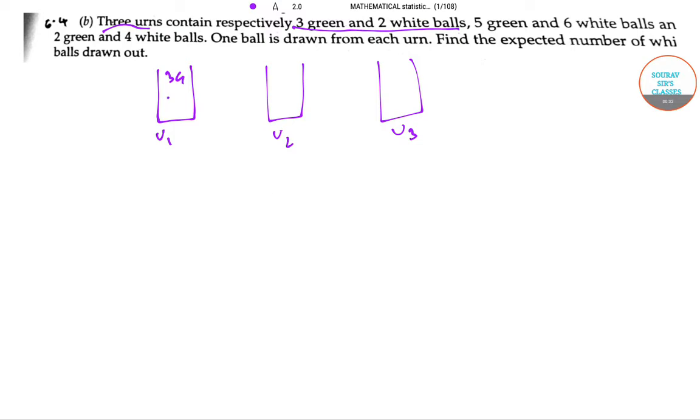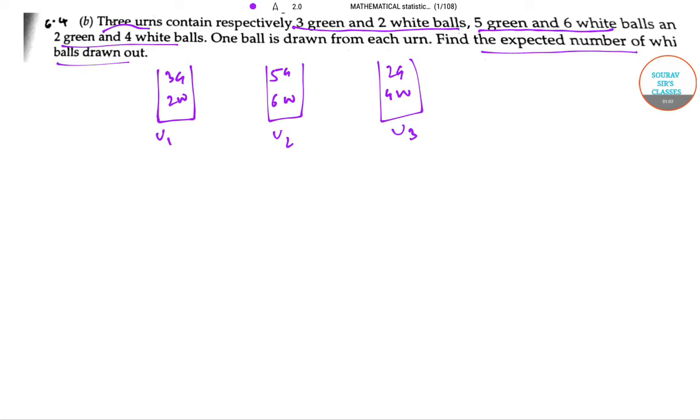The second one has 5 green and 6 white balls. And the third one has 2 green and 4 white balls. One ball is drawn from each urn. Find the expected number of white balls drawn out.